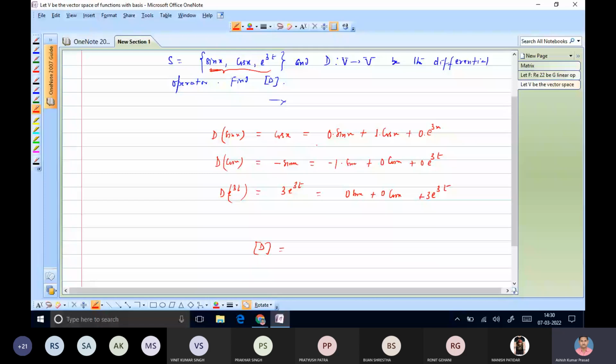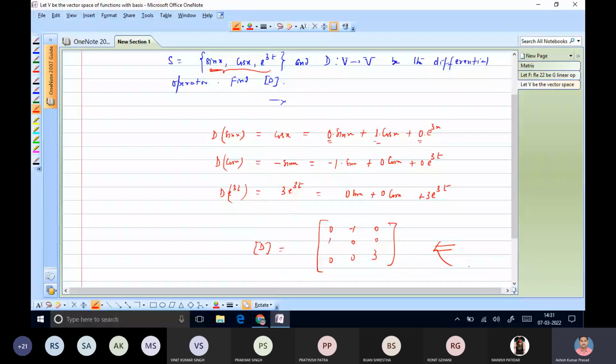So 0, 1, 0, minus 1, 0, 0, and 0, 0, 3. This is your required matrix representation. Is it clear to all of you? Yes.